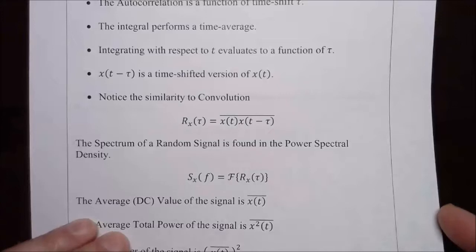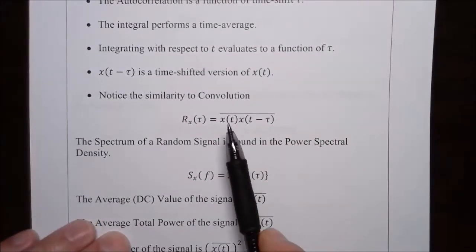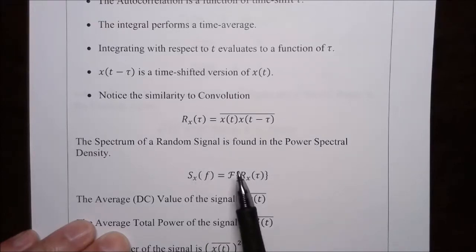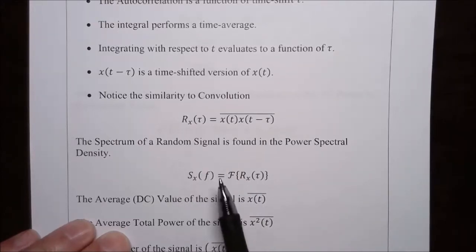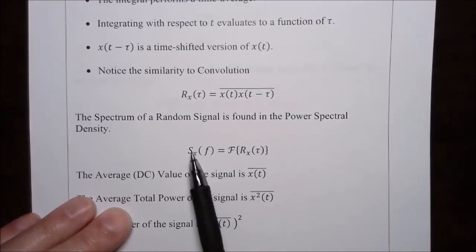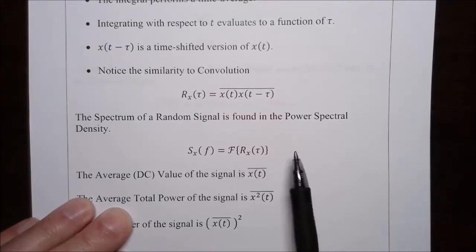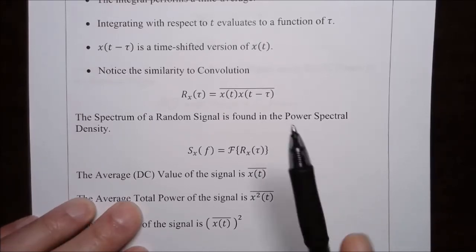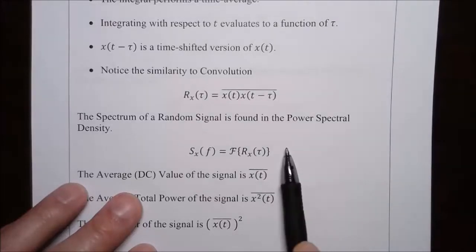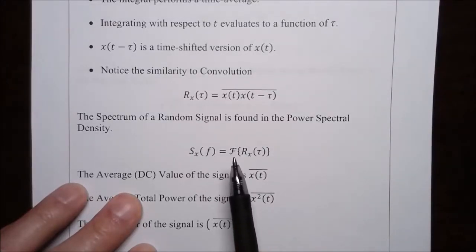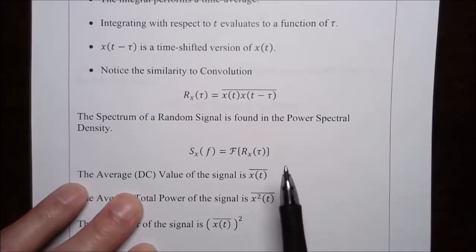We can find the frequency content of this random signal x of t by taking the Fourier transform of the autocorrelation, and that will give us what is called the power spectral density of the random signal. To this point, we've been finding the spectrum of a signal by taking its Fourier transform.